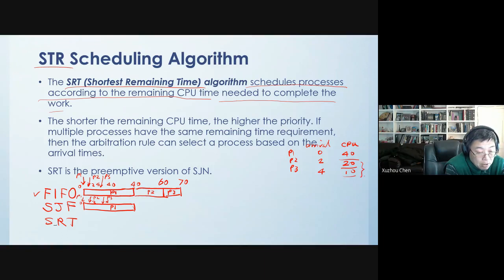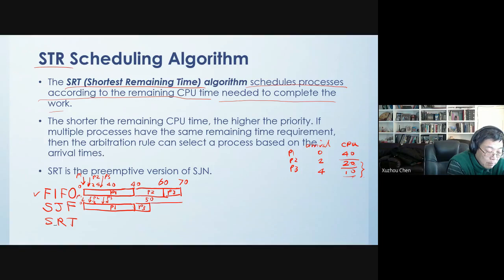So the scheduler is going to check which one has a shorter CPU time. Process 3 is 10, process 2 is 20. So process 3 is going to take the CPU and finish the job at time 50.